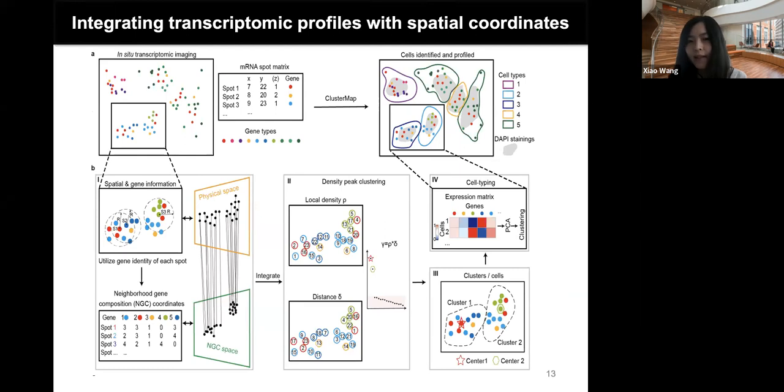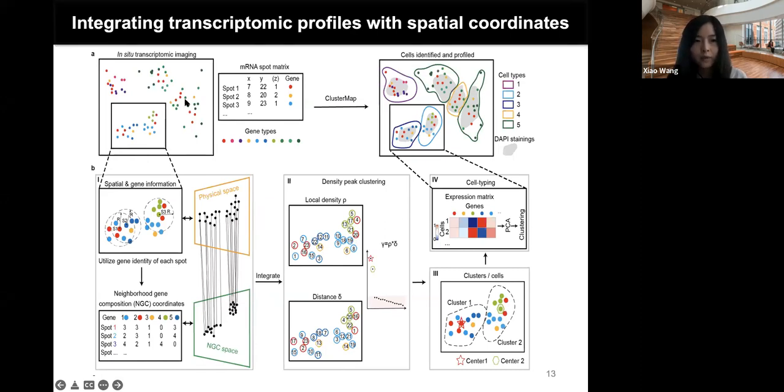So we take those two pieces of information into consideration, measuring the local density of RNA as well as the neighborhood gene expression composition around the RNA, so that we can do spatial clustering to first identify individual cells.